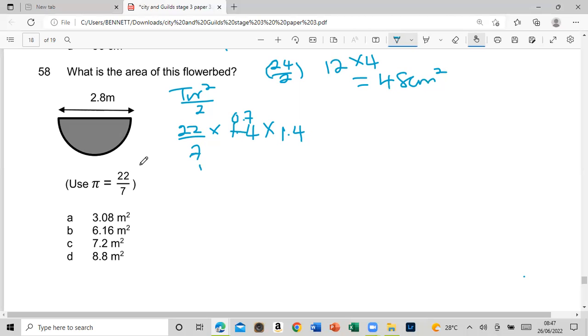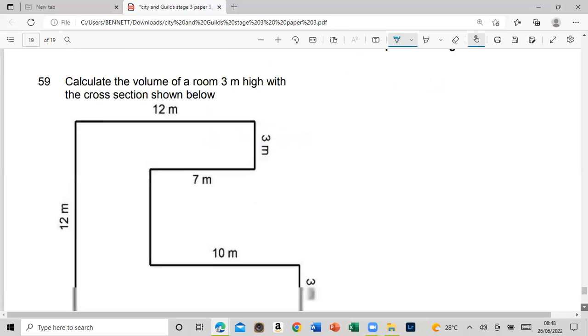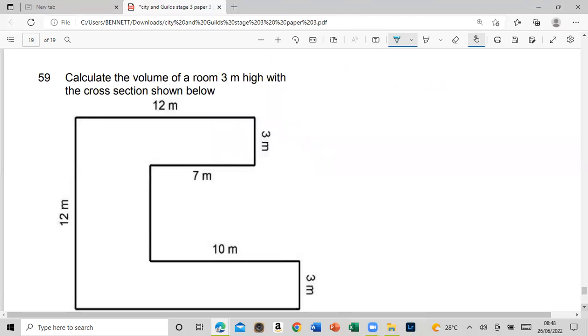So pi r squared: 1.4 times 1.4 is 1.96, times 22 divided by 7, 6.16. But we need to divide it by 2, 3.08. I wonder if this is stressing, guys. We couldn't bother multiplying everything, but the answer is 3.08. Alright, last one.